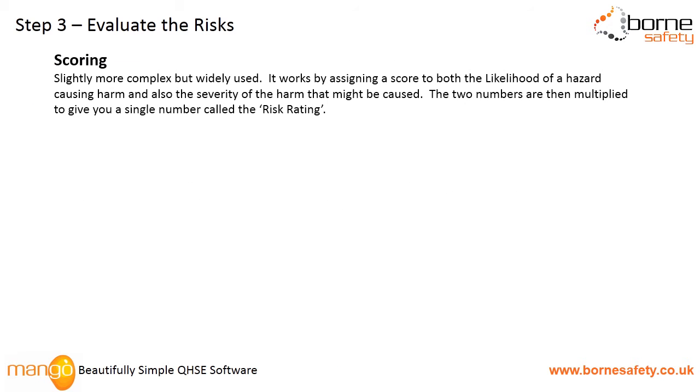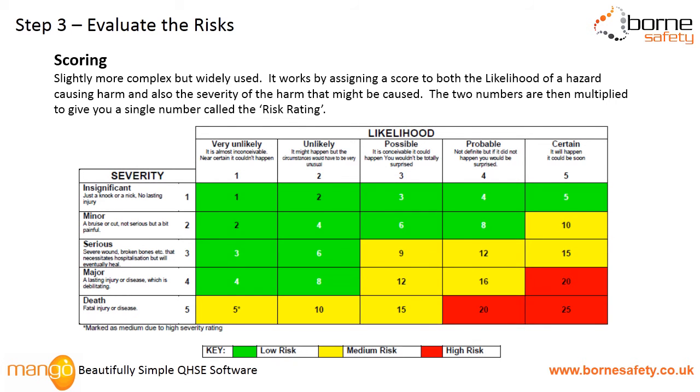A more commonly used method is to score it in some way and to look at both the likelihood and the severity of the hazard that you're assessing. So let's take a hazard. Let's take noise at work, for example. If we're in a very, very noisy environment, then with no control measures whatsoever, it's probable or certain that something's going to happen.